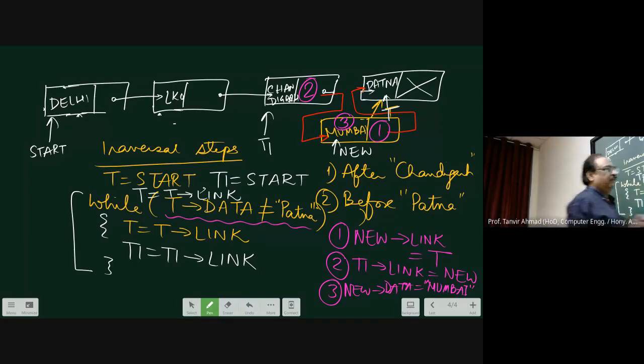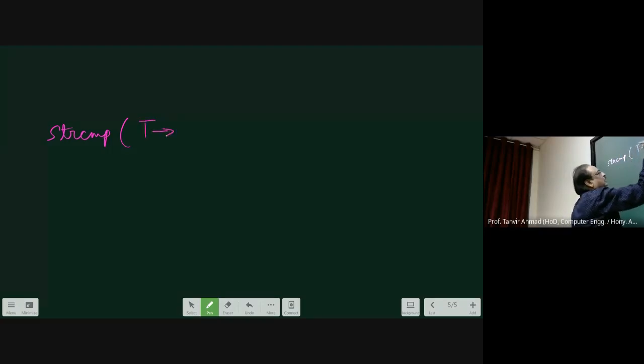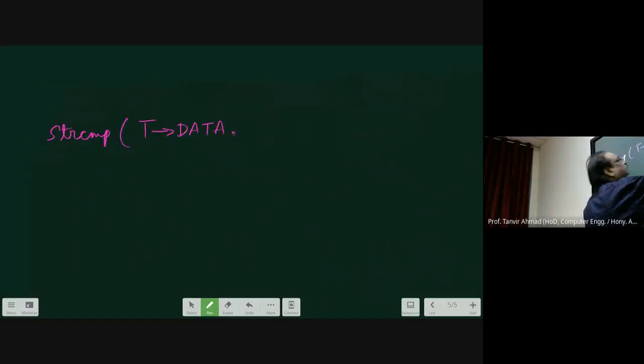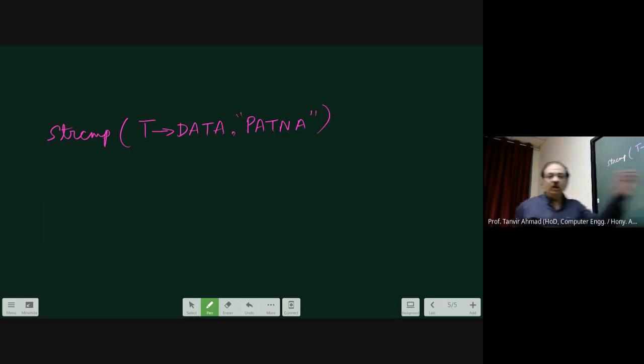Therefore, you will convert this line as string compare, say T of data, say comma. Now, here it is not equal to. Not equal to means it will be not equal to 0.